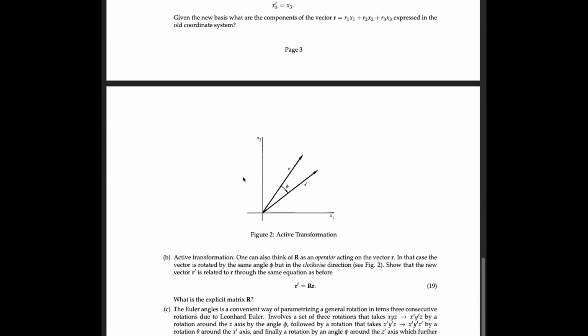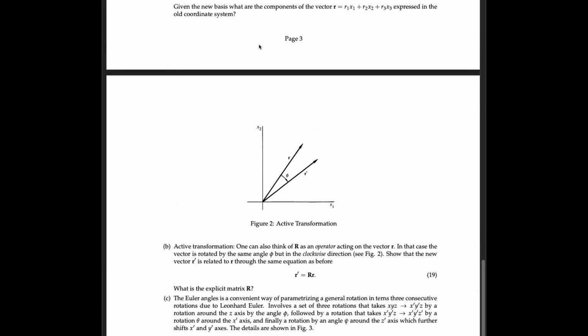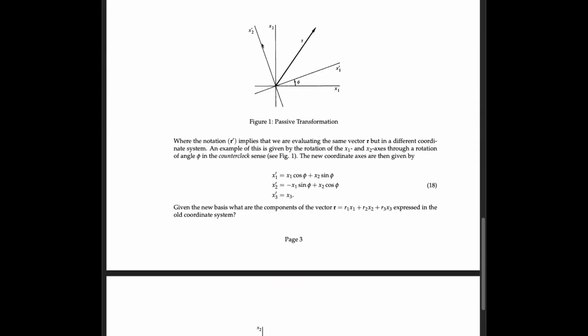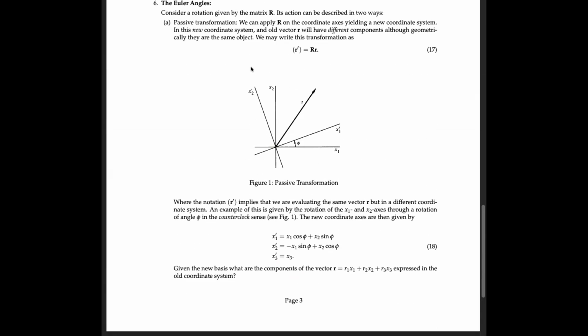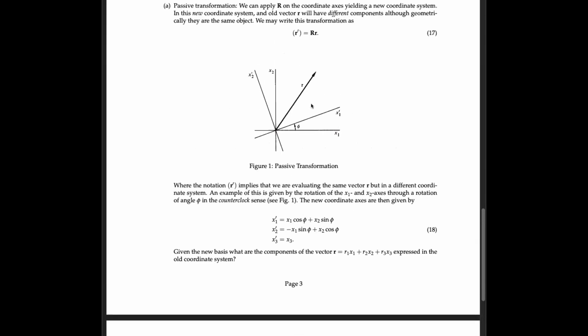So I think the first one is obvious. The first two problems are in terms of active and passive rotation. So over here, we are just changing the coordinate system, in a counterclockwise fashion. And so in this rotation, the vector r is not changing, but its components are.